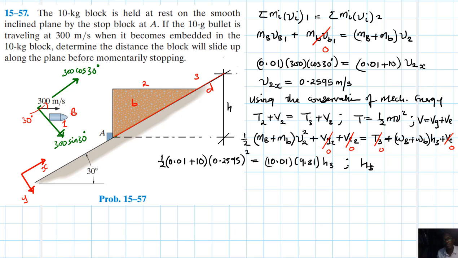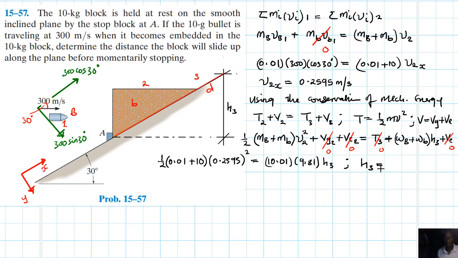Therefore our h_3, which is this one here, will just be equal to 10.01 by 0.5 by 0.2595 squared divided by 10.01 by 9.81.